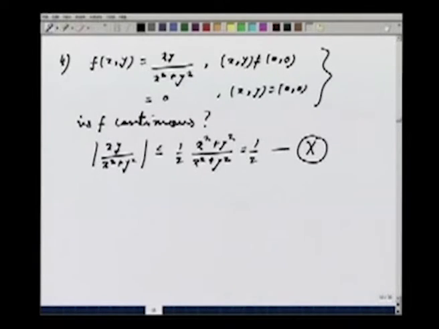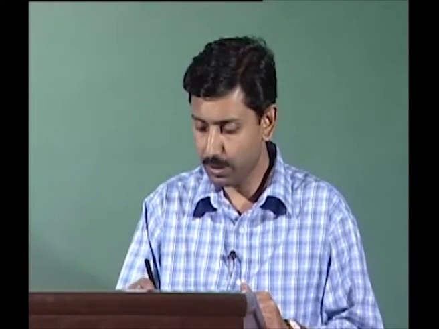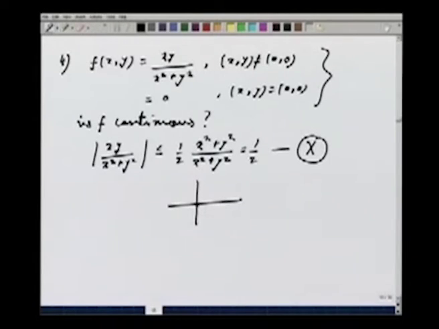So since I have to converge to 0 to check continuity, the point 0, 0 is here. I can converge to 0, 0 through any line if I want. So I choose to come this way through the line y equal to x.